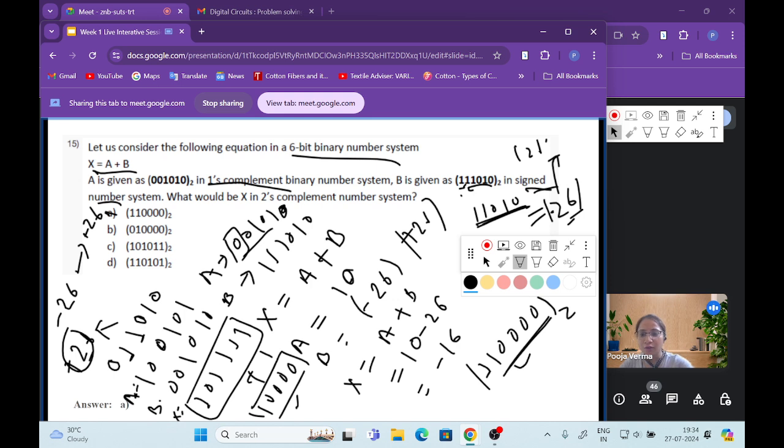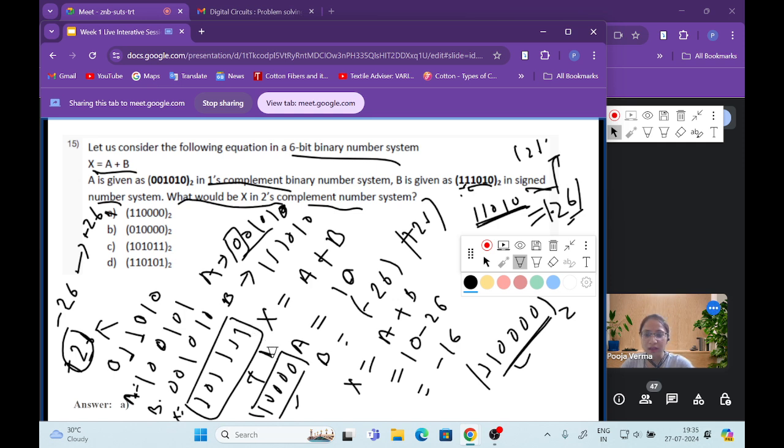Now you have got A plus B, that is 101111, the ones complement of X. Now we need to find X in 2's complement number system. So just add 1 for 2's complement. In 1's complement we have to add 1.